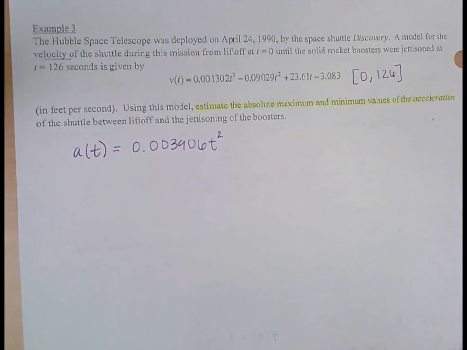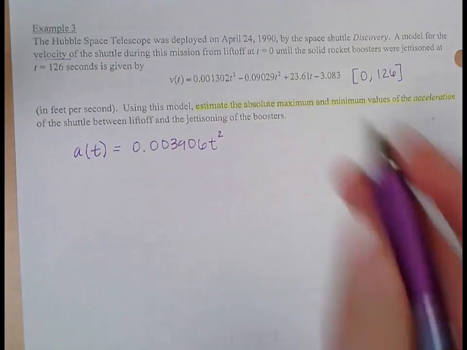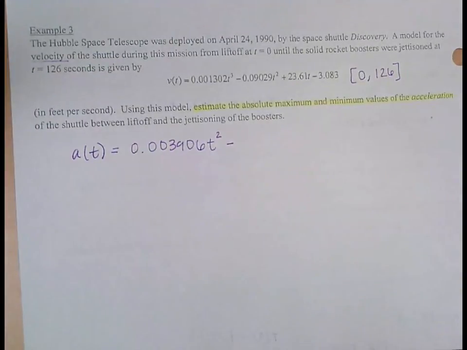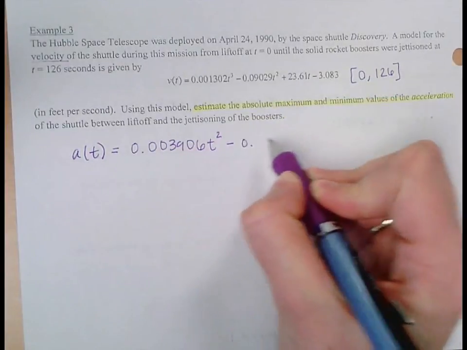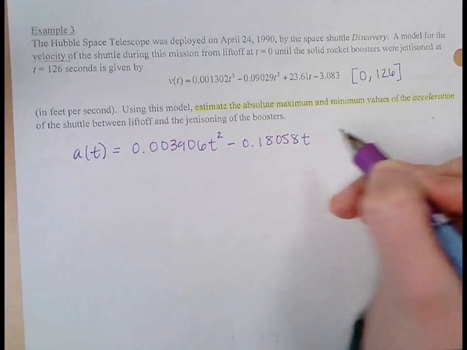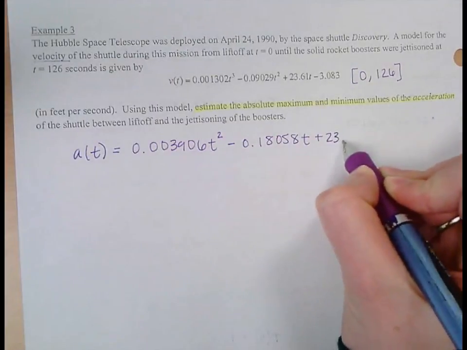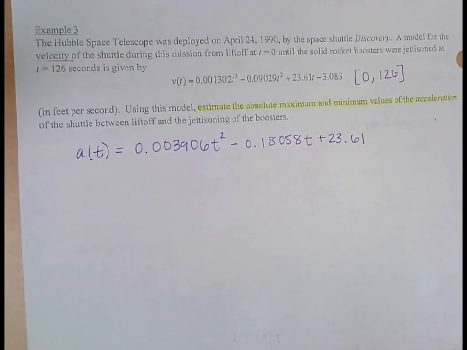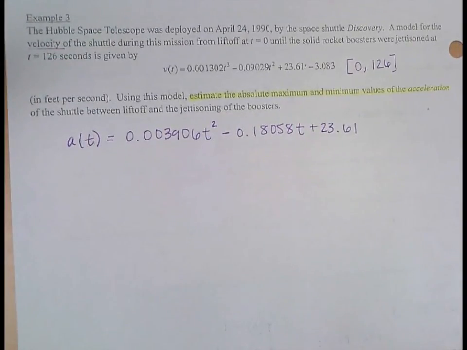So 0.003906 t squared, and then minus 0.18058 t plus 23.61. Okay?